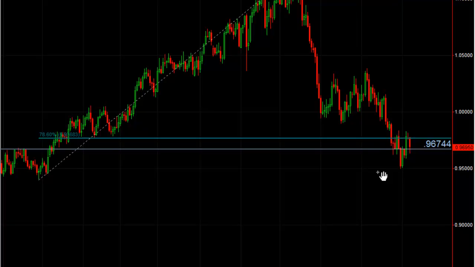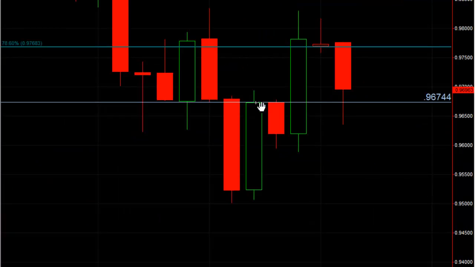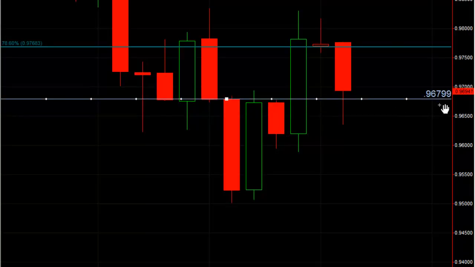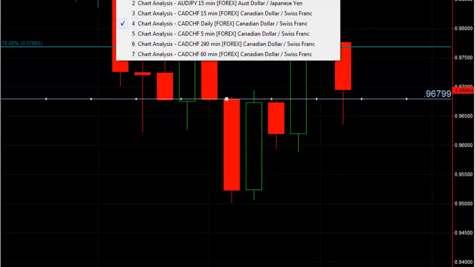But in this downtrend on the daily chart, we are making a reversal formation, and this is the railroad track reversal formation. The exact price of the upper end of the body of the railroad track formation is 0.9680. So we note that again on the 5-minute chart.